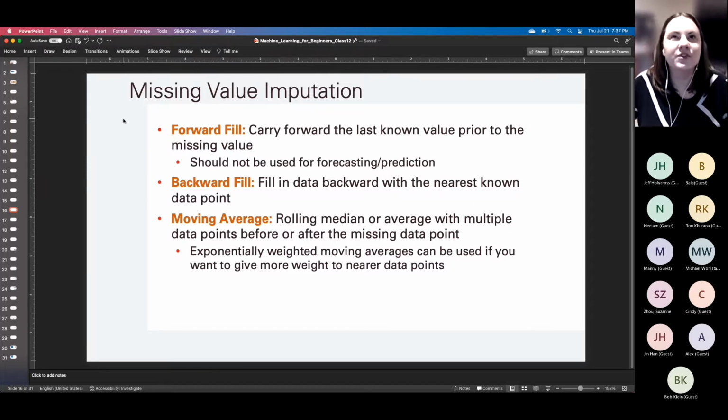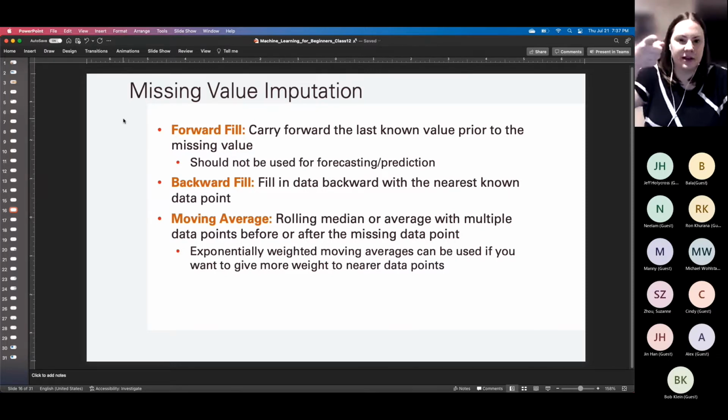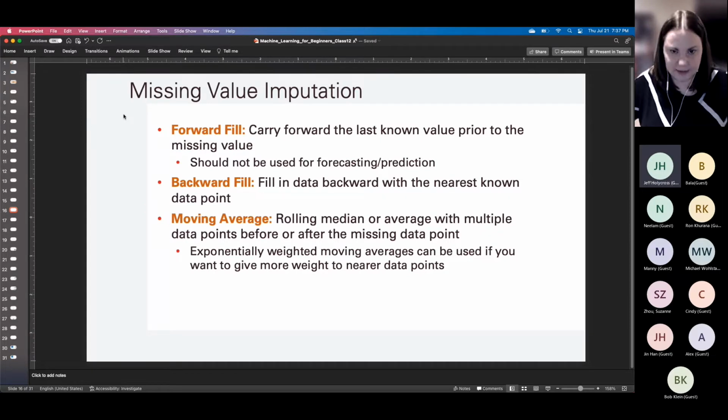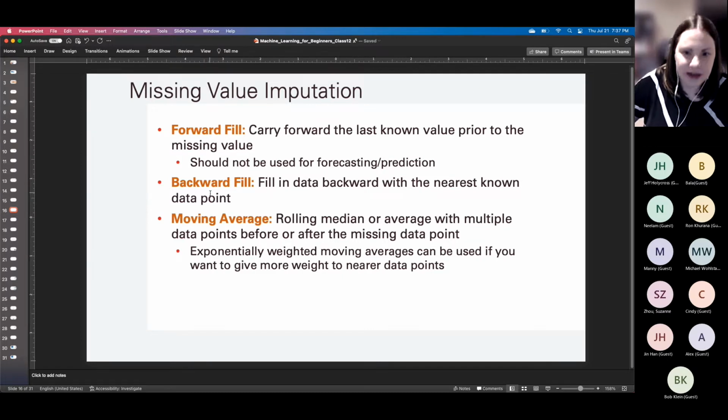So say January 1st is missing and December 31st isn't. It pulls December 31st and puts it into January 1st. So it's basically pulling from the back, because we wouldn't have that in the future. So it's using data that shouldn't be in your training data set.